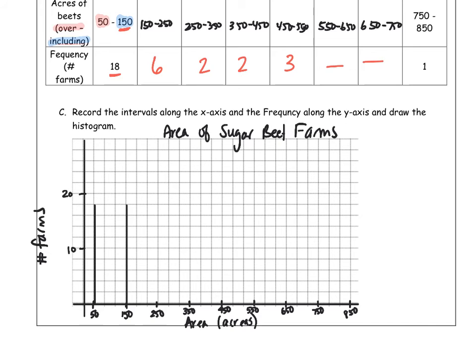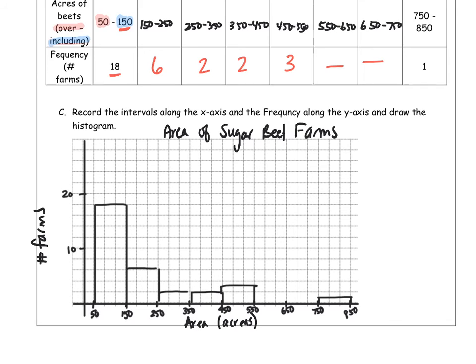And then the next one, butted right up against it, is 6. So that would be that high. So I'm going to pause the video now and fill in the rest of the graph. You do the same. So there's my completed histogram.